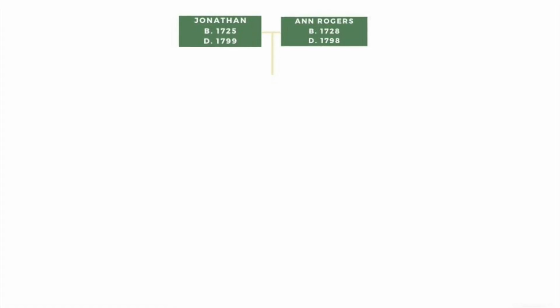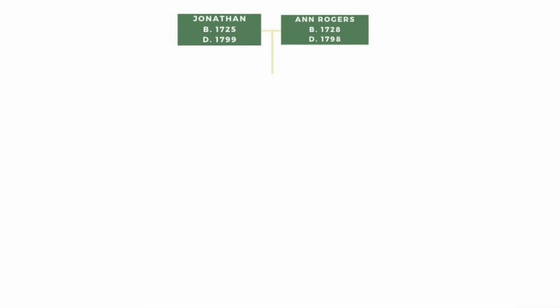So let's take a look at the Clark family tree. We've started this family tree with Jonathan Clark and his wife, Anne Rogers. When Anne Rogers married Jonathan Clark, she took his last name and became Anne Rogers Clark. Below Jonathan and Anne's names, you'll see two important dates.